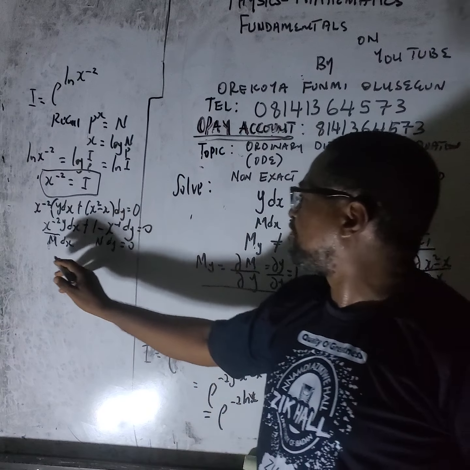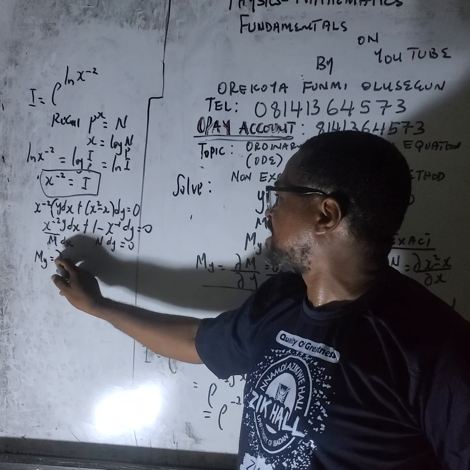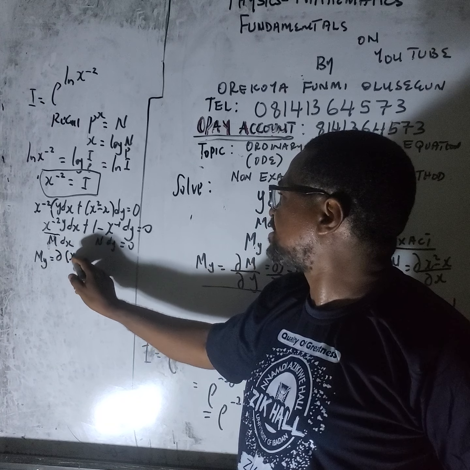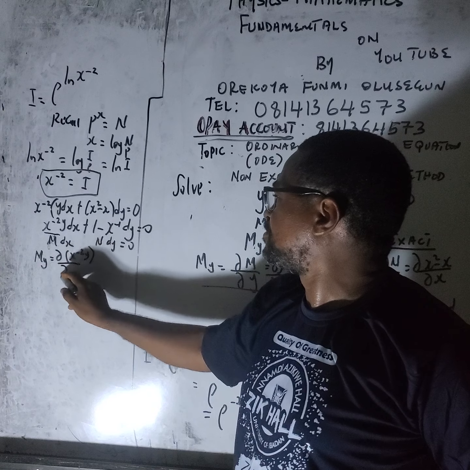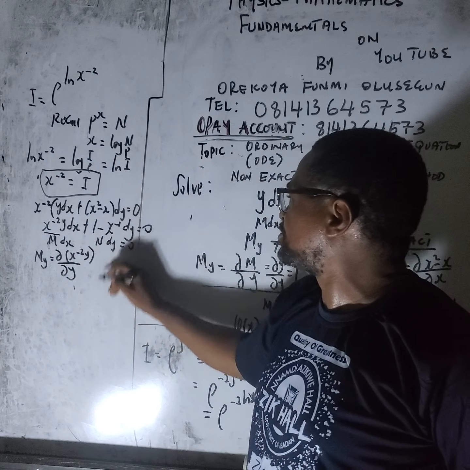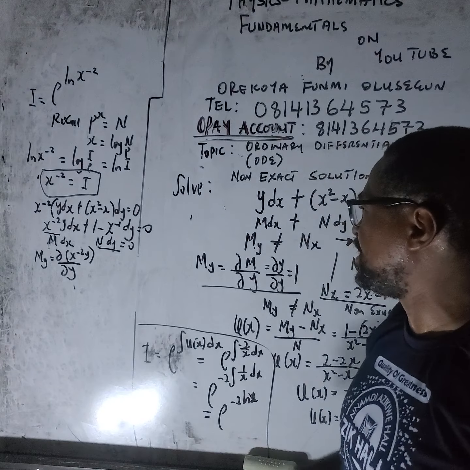So I'm going to do the partial derivative of M with respect to y of this one, which is the partial derivative of x to the power -2 y with respect to y. And I'm going to also do that to this one, but let me check what I'm going to obtain here.